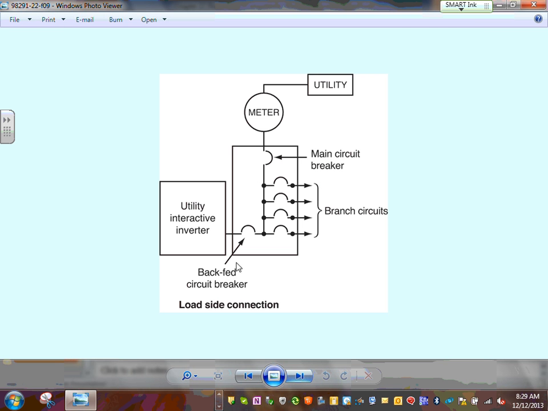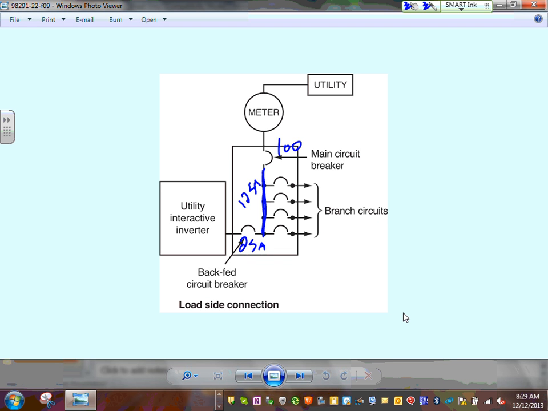You can feed, like we said, on the load side right here. There's a limitation on how much you can do here. If you're feeding on this side, guys, we talked about this one before. So if this is, say, 125 amp, this must be 100 amp, and then you're limited here to 25 amp.